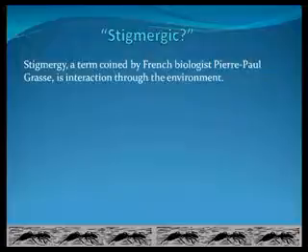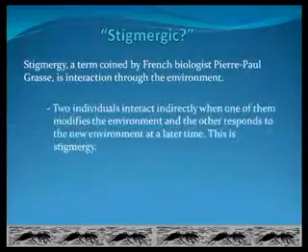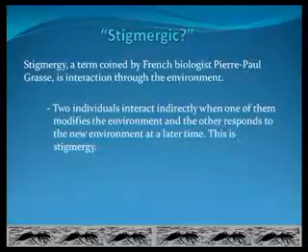Stigmergy, a term coined by French biologist Pierre-Paul Grassé, is interaction through the environment. Two individuals interact indirectly when one of them modifies the environment and the other responds to the new environment at a later time. This is stigmergy.